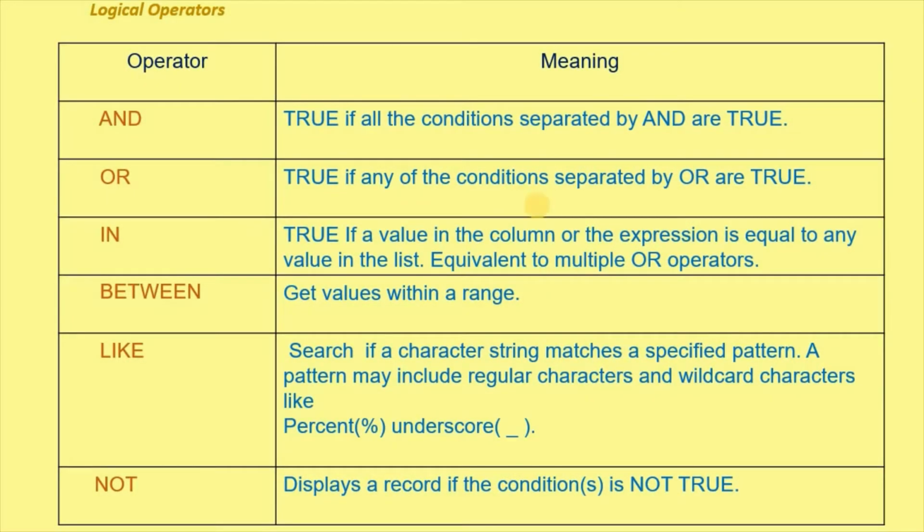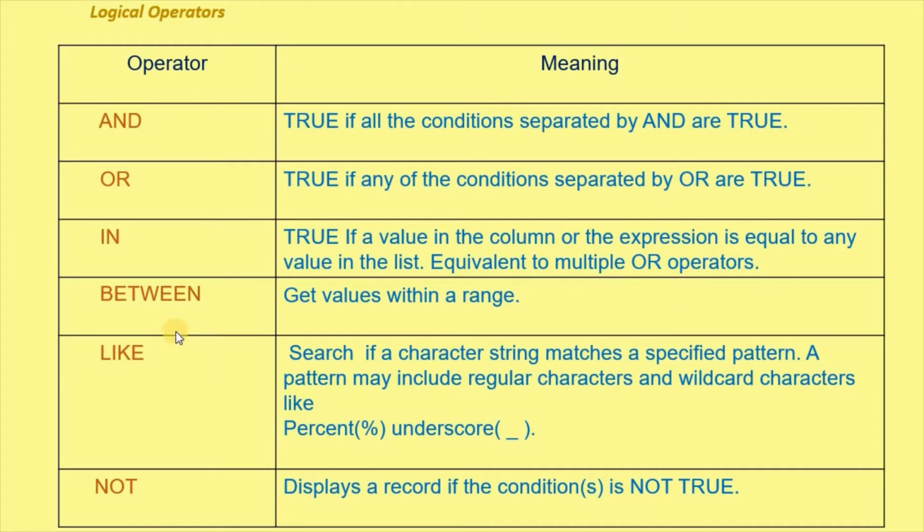We have seen in case of the OR operator at least one condition must be true. So here also if one expression or one condition is true, then we will get the result. So it is equivalent to multiple OR operators.